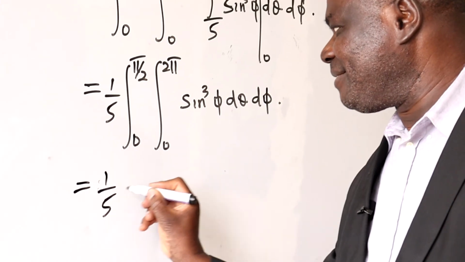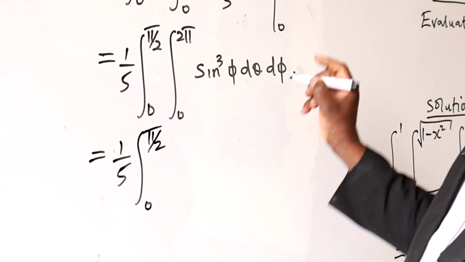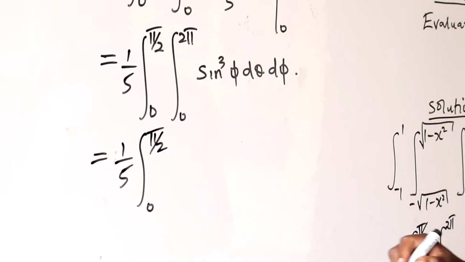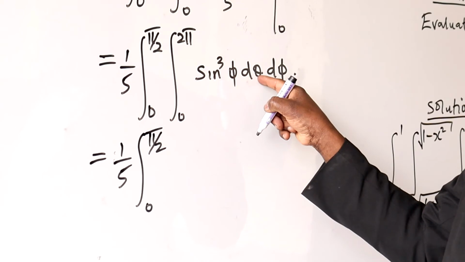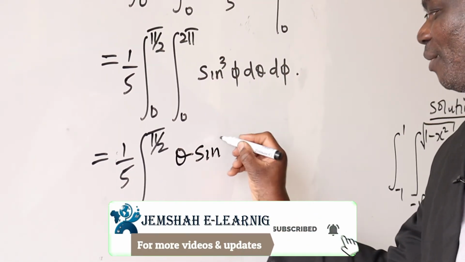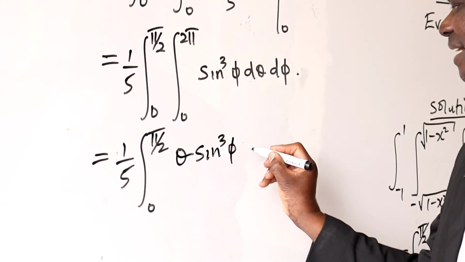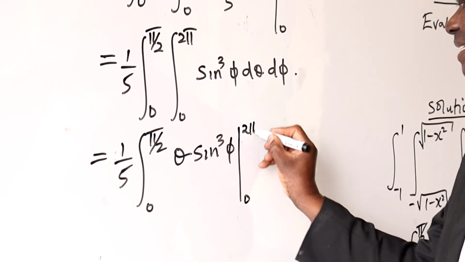Which will be equal to 1 all over 5, the integral from 0 to pi over 2 of sine cubed phi d theta. We are integrating first with respect to theta, so we'll get theta sine cubed phi. Now we put limits from 0 to 2 pi.